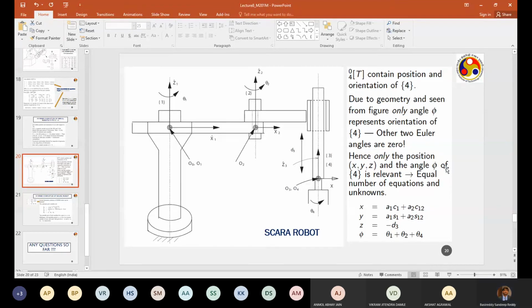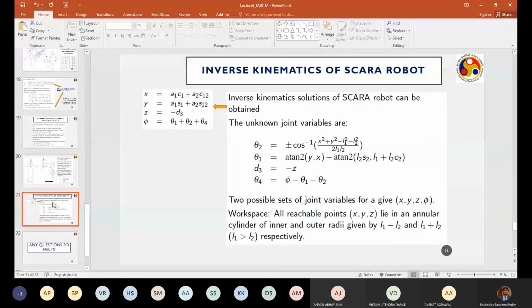So where n is less than 6, you will have accordingly 6 minus n functional relations. In this case, the inverse kinematics you can obtain by solving these equations for x, y, z, and phi to get theta 1, theta 2, theta 4, and d3.